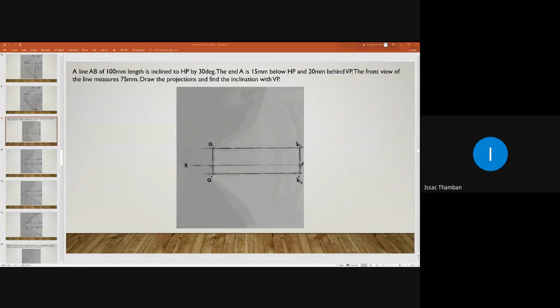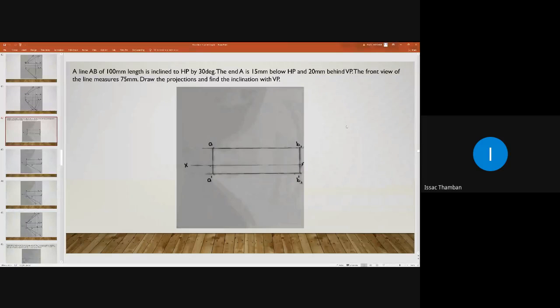Okay, here we have a special condition. Adul Krishna. Yes, sir. Here, the position of end A is given.